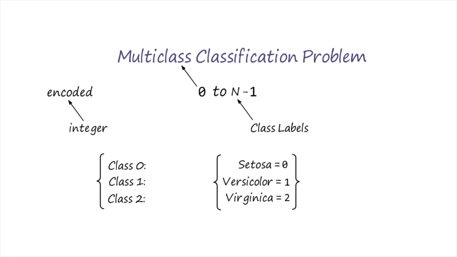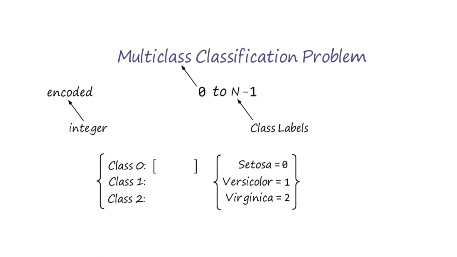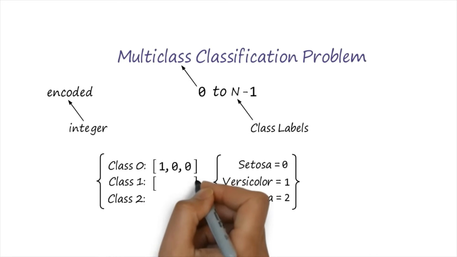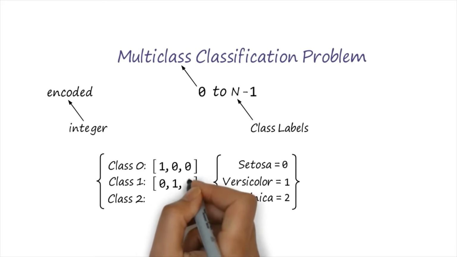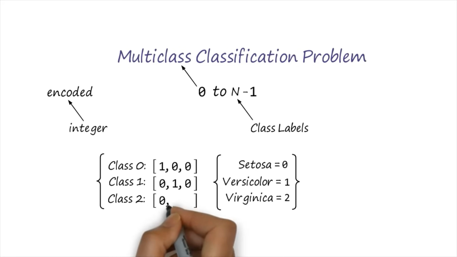Fine. So see how this encoding is performed. Whenever we have class 0, it is written as 1, 0, 0. Whenever I have class 1, it is written as 0, 1, 0. And whenever I have class 2, it is written as 0, 0, 1.